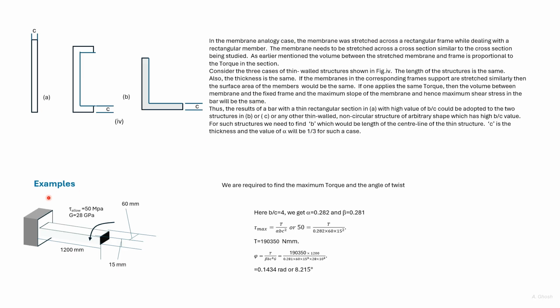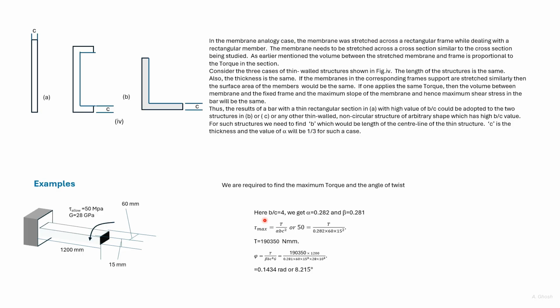Here an example is shown. This is a rectangular bar and the dimensions of the bar are given. The maximum allowable stress is given and G is given. We are asked to find out the maximum torque that can be applied and the corresponding angle of twist.